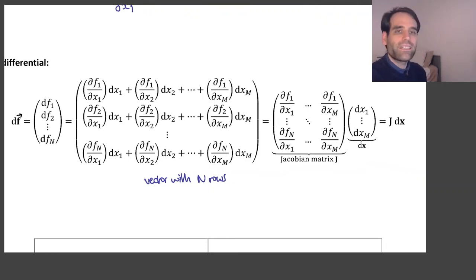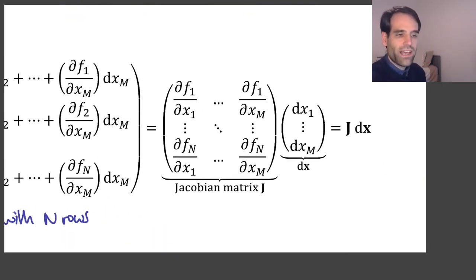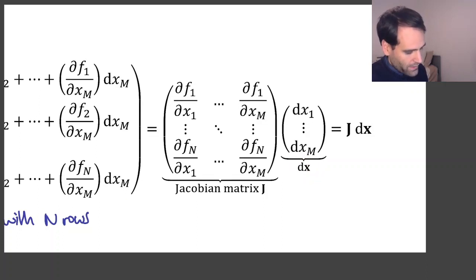But it can be written very elegantly as the Jacobian matrix that we just defined multiplied times this column vector, which we call dx, the differential of the inputs, yeah? And it contains dx1 as the first element, dx2 as the second element, up to dxm as the last element, okay?